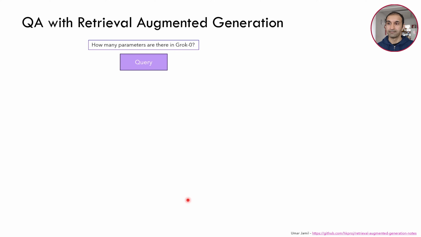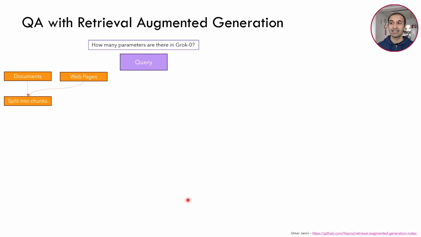This is our query. And imagine we also have some documents in which we can find this answer. These documents may be some PDF documents, but they may also be web pages from which we can retrieve this answer. What we do is we split all these documents or pieces of text into chunks of text, so small pieces of text. For example, a document may be made up of many pages, and each page may be made up of paragraphs, and each paragraph is made up of sentences.